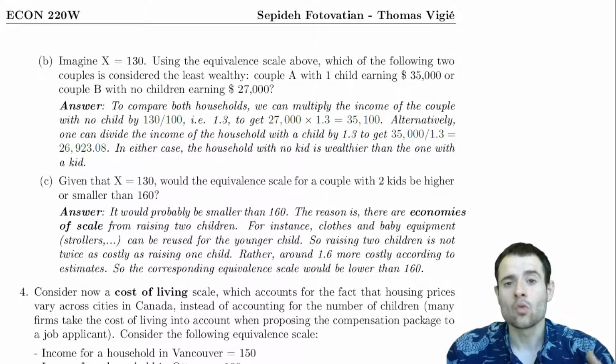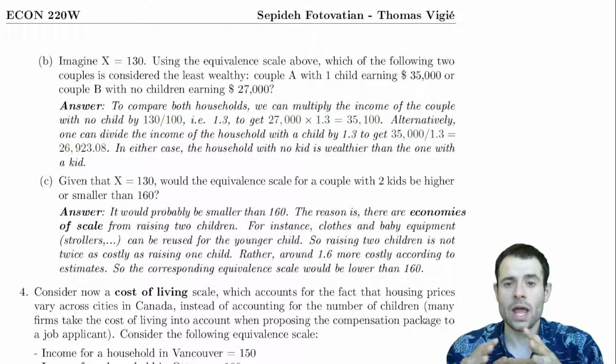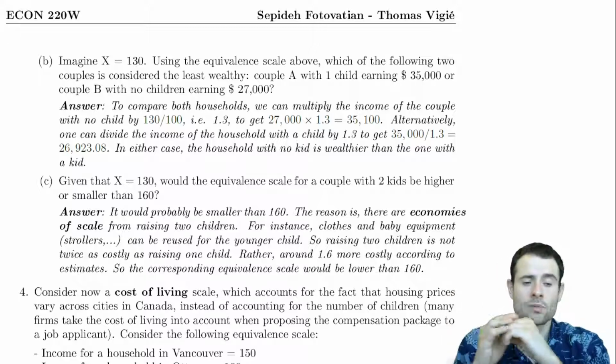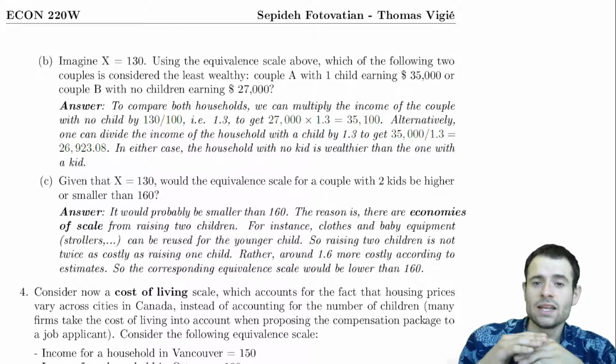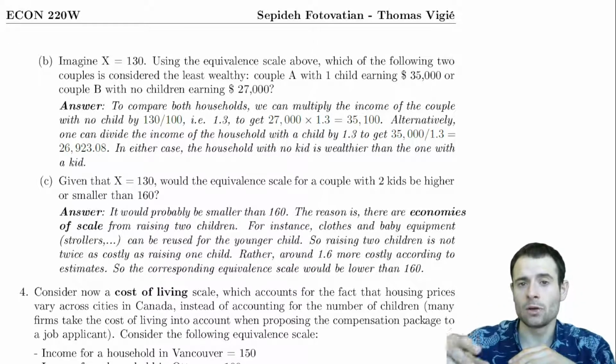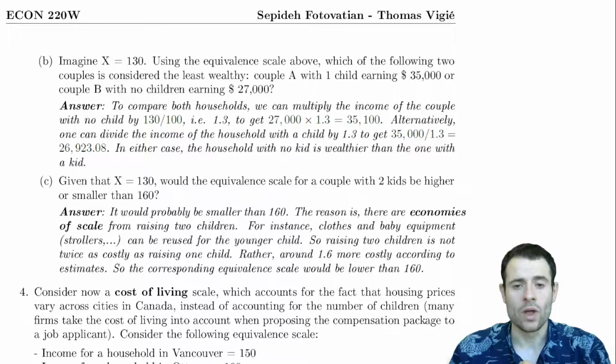So here, on one hand, we have a smaller household making less money and a bigger household making more money. But is the additional money made by the bigger household enough to be considered richer or wealthier than the smaller household with less money?